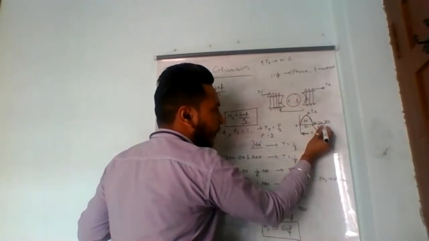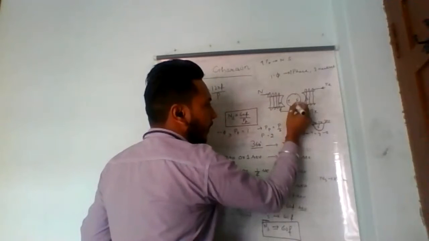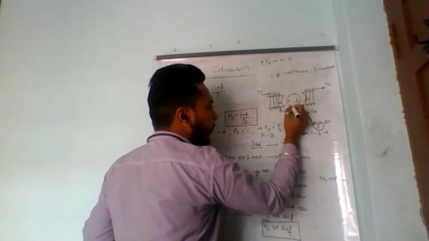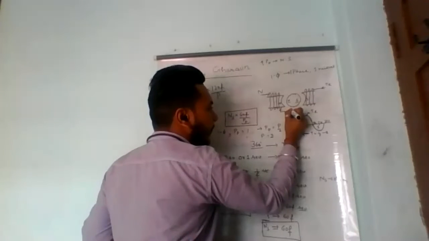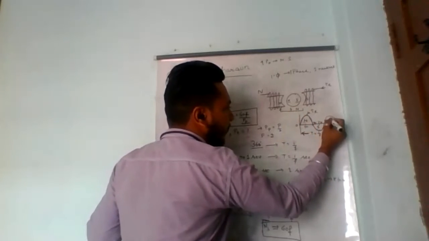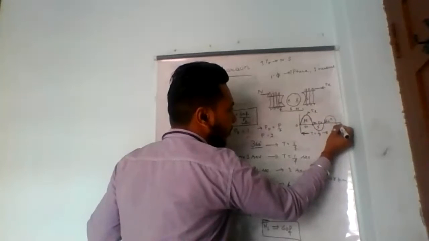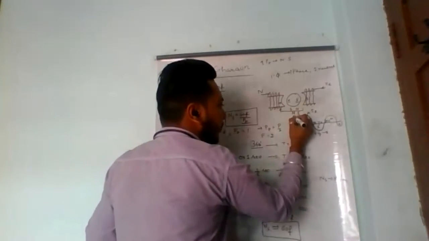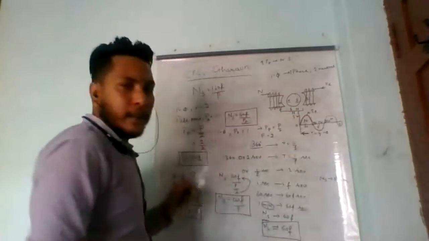During the next half cycle, the negative half cycle, the poles of this field will change. Here south, here north. Again this cycle repeats. Here north, again south, north, south.